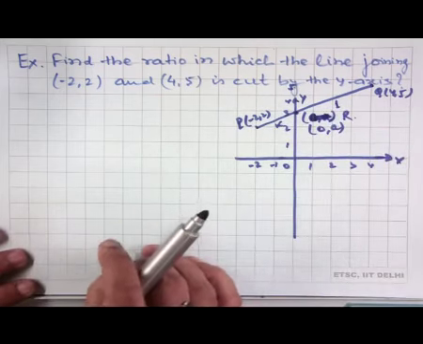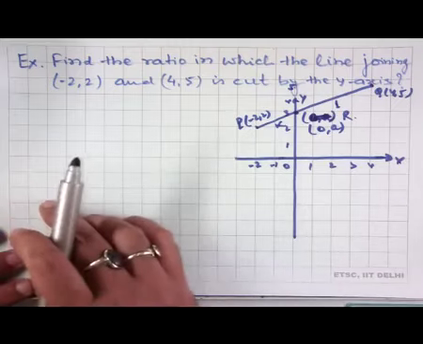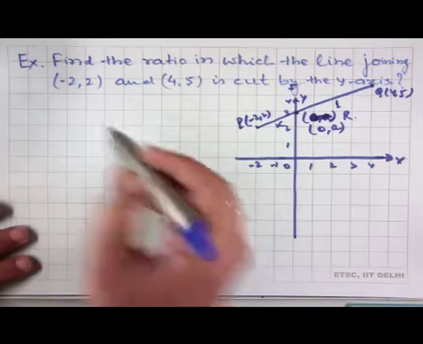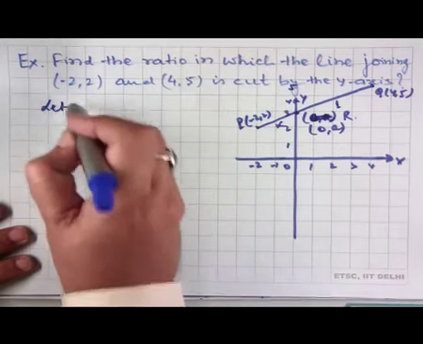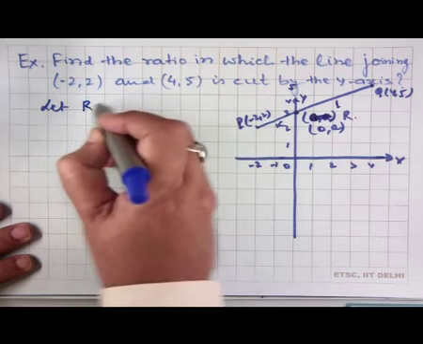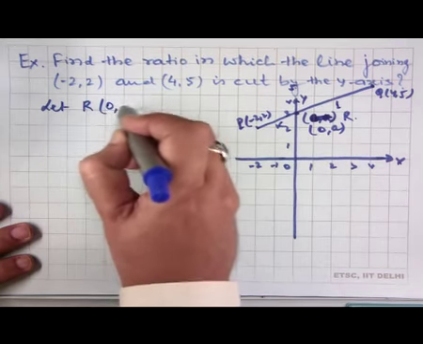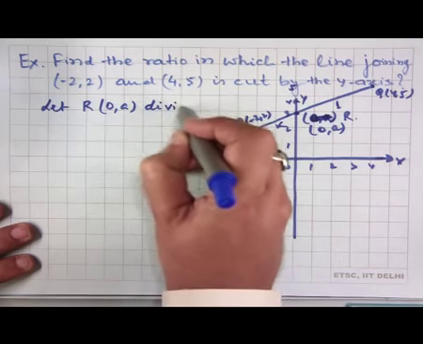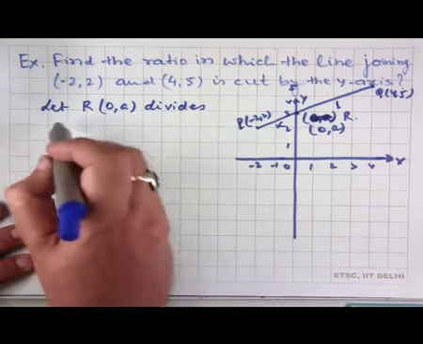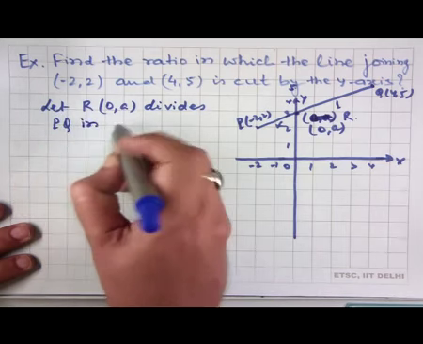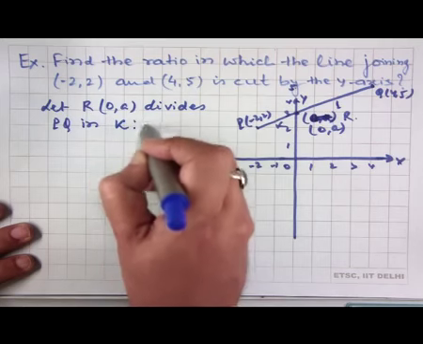We have to find the ratio. So let R(0, a) divide PQ in k:1 ratio.